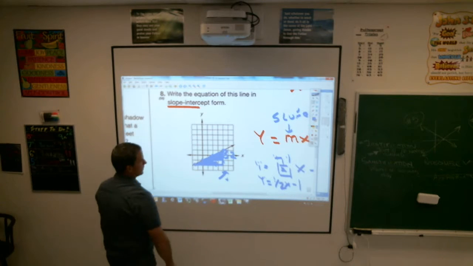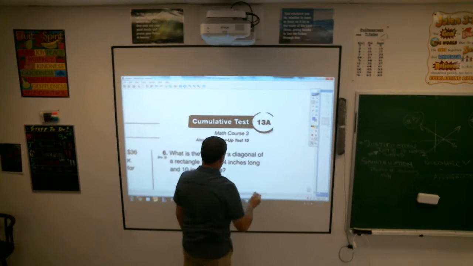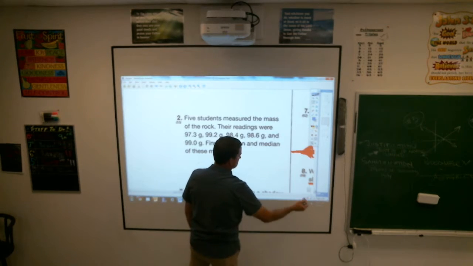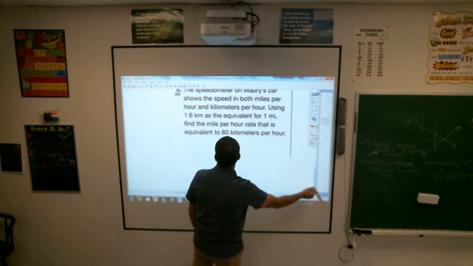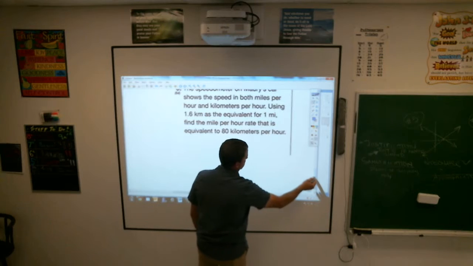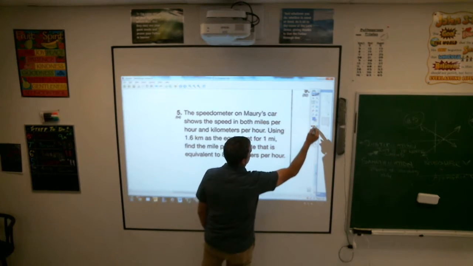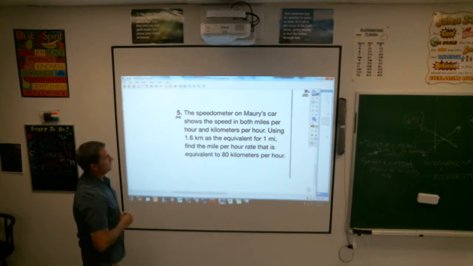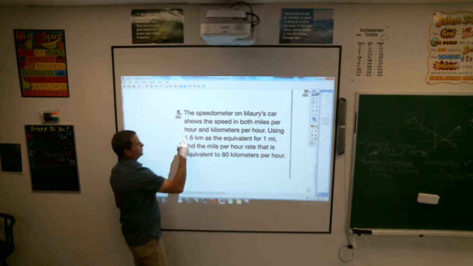Jenna. I think number 5. Is that here, there, or somewhere else? How do I do number 5? I think I should make this smaller because it'll help it a little bit. The speedometer on Murray's car shows the speed in both miles and kilometers per hour, using 1 kilometer as the equivalent for 1 mile. First thing I would do is write this down.